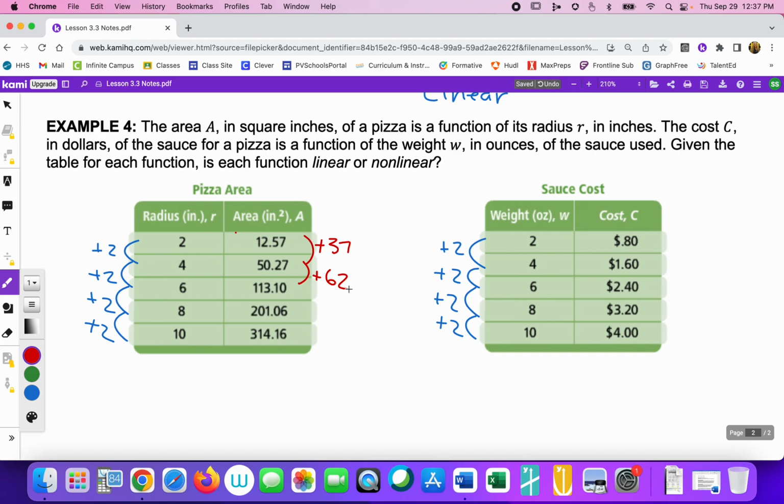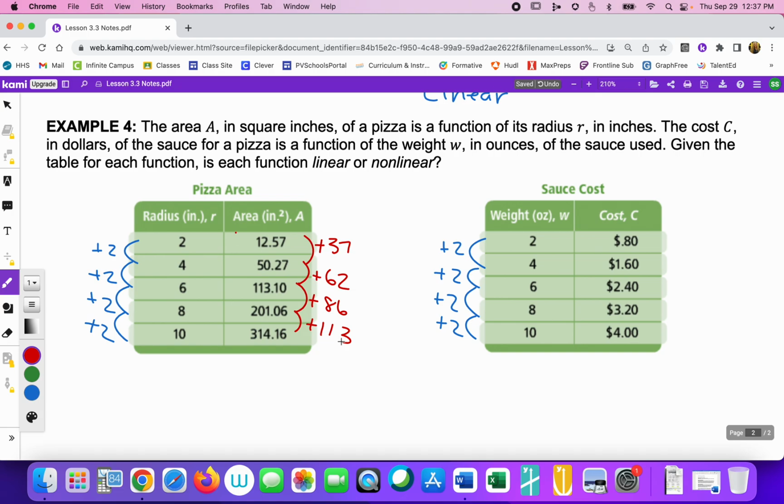You can find the exact ones if you want to. So 62 point something. About 113 to 201 is 86, 87, around there. What about 201 to 314? 113. Okay.